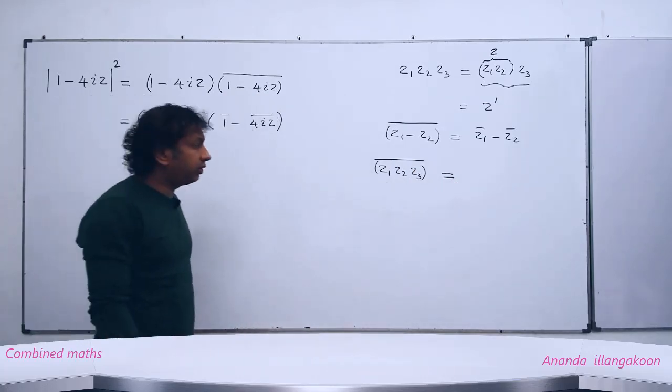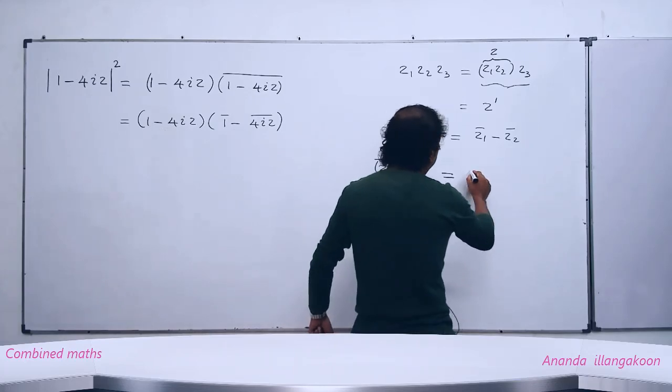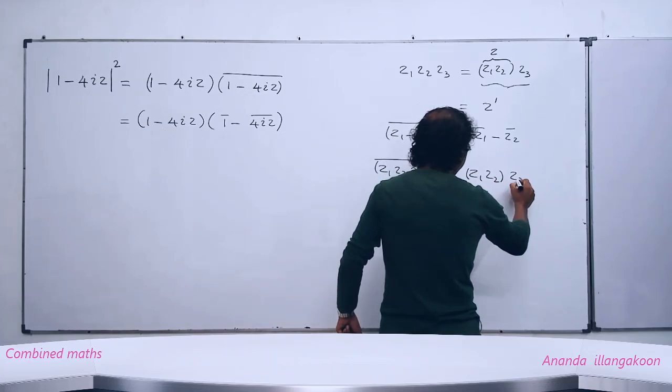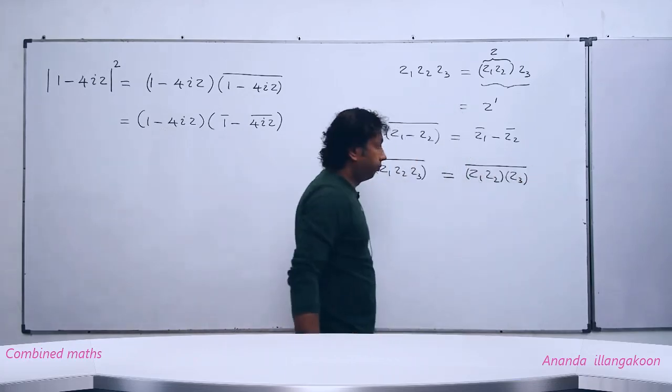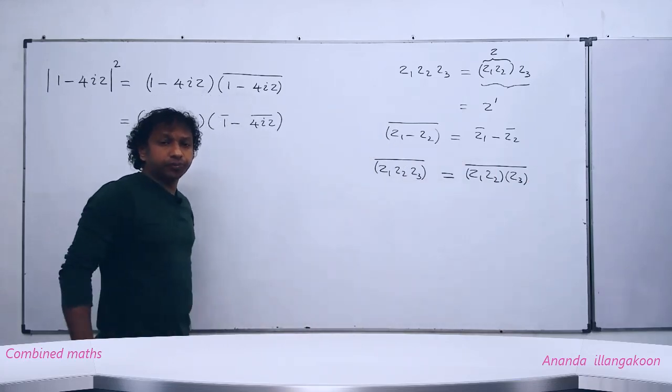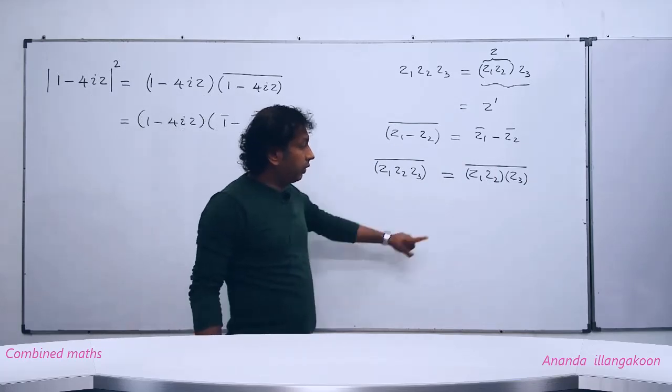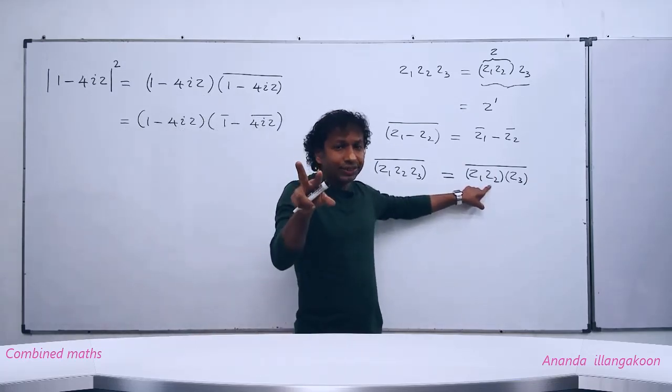Then I can consider this one, Z1 and Z2, as one complex number and Z3 as another complex number, like this. Right? This way I can consider. Now people, the Z1, Z2 product is a complex number, no?